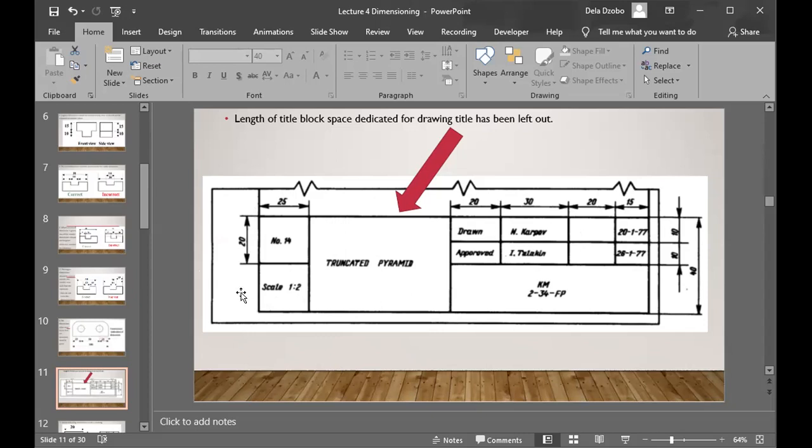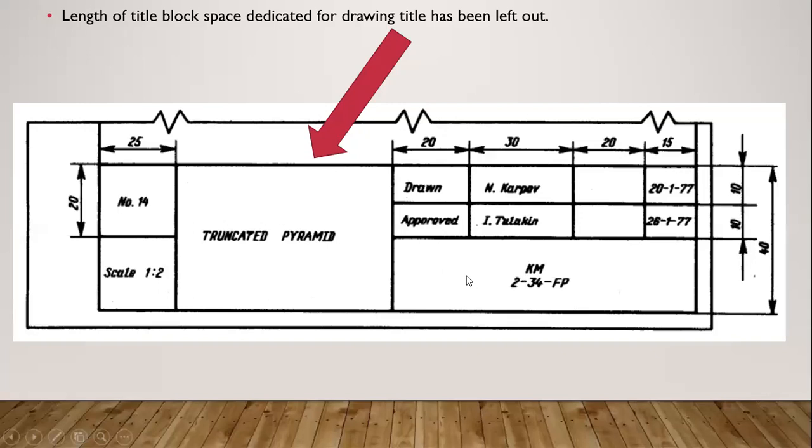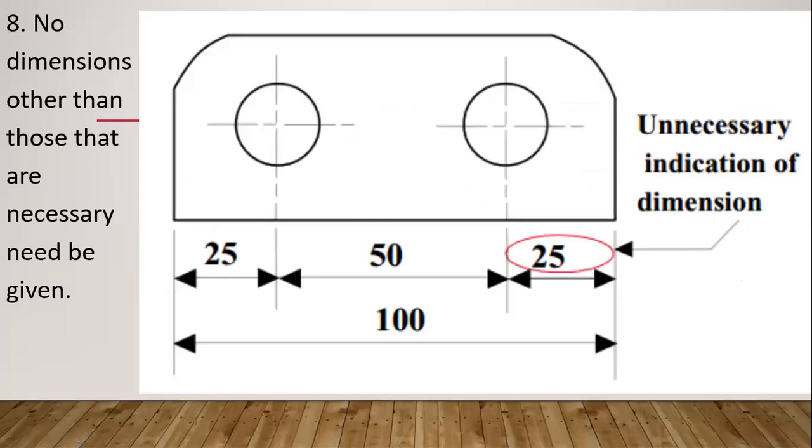We start measuring from the end, and then start measuring from the left towards the right. Then we actually do not need this dimension. So this slide I'm showing you right now is an explanation of the previous rule.